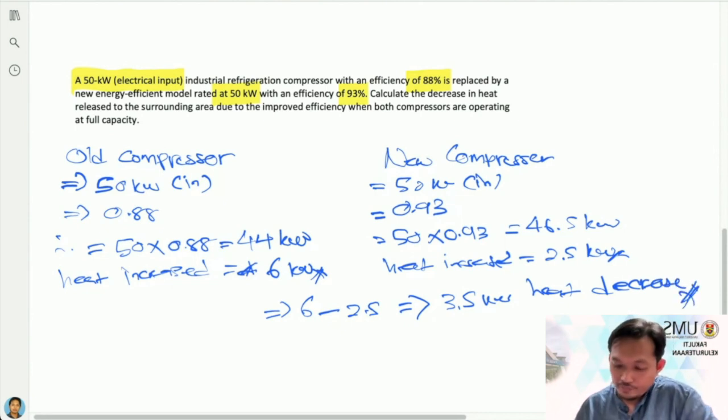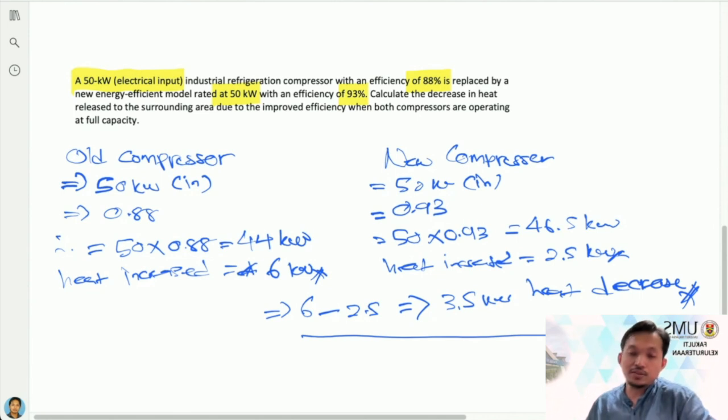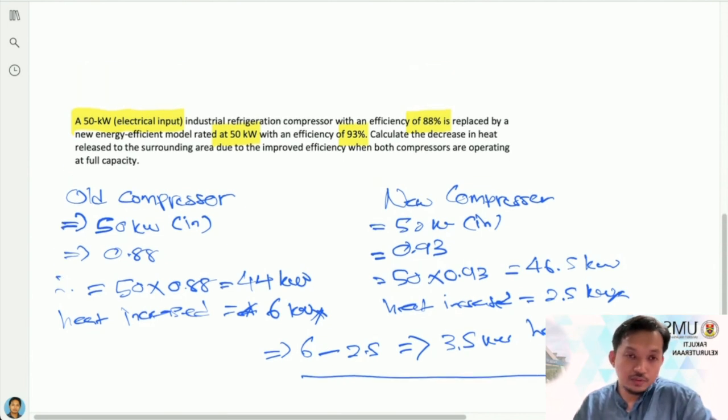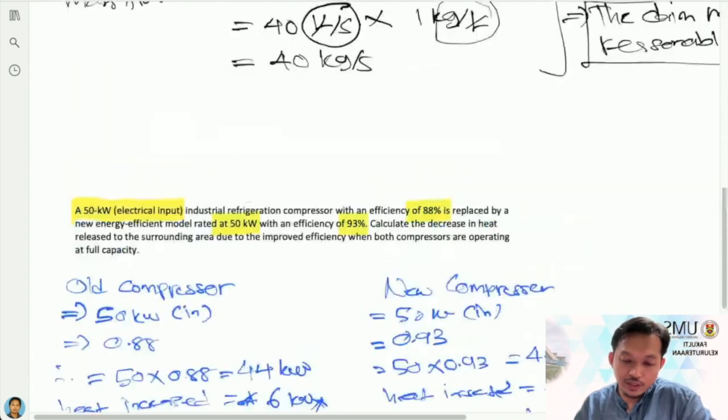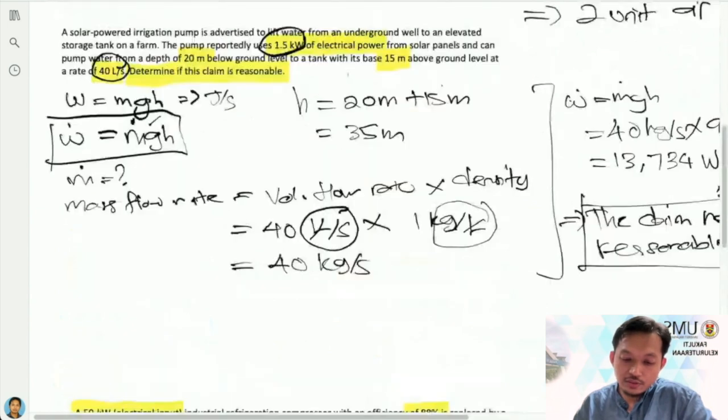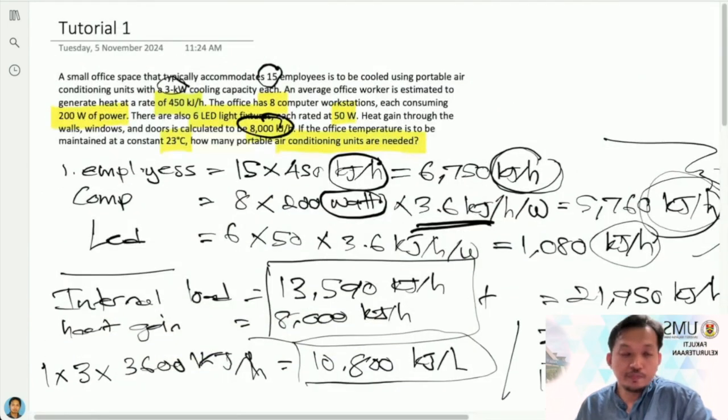Okay. So for tutorial 1, these are the questions that I distributed already. From this tutorial question that we have discussed, hopefully it helps you to answer the tutorial questions. Remember, for the tutorial questions, you need to write on a piece of paper and then scan to PDF and then submit.